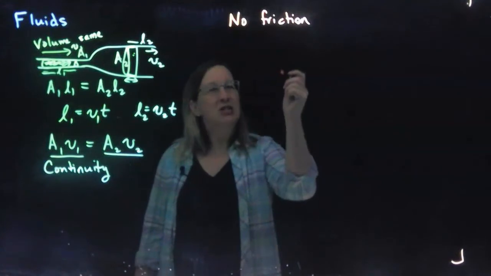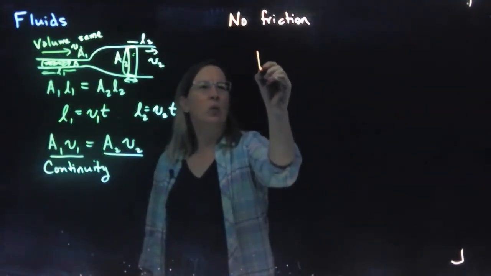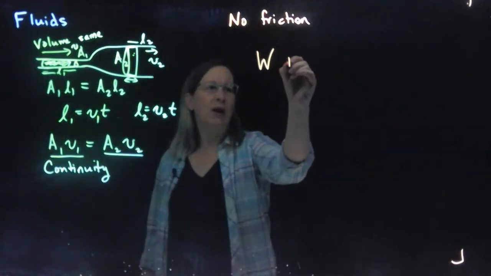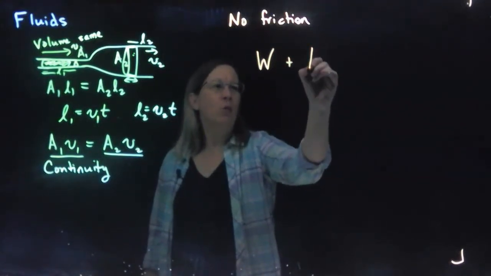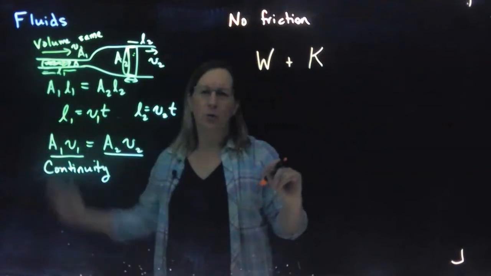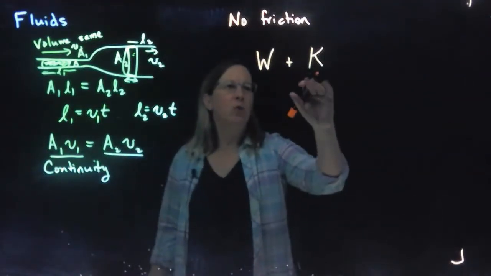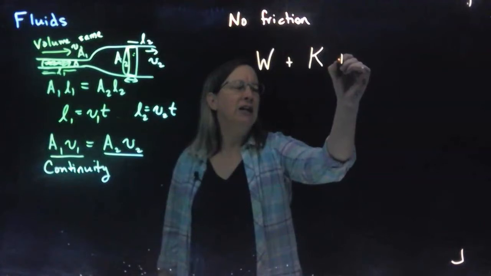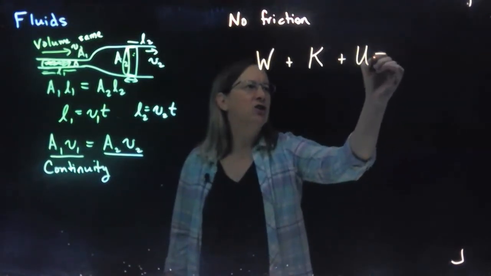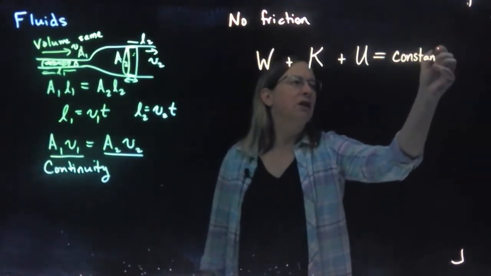And so in this case, the work done on a fluid, like by the pressure behind the fluid, something pushing it along, plus the kinetic energy and the potential energy must be basically a constant. So this is basically conservation of energy.